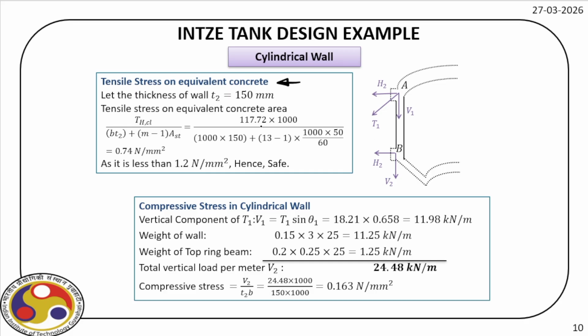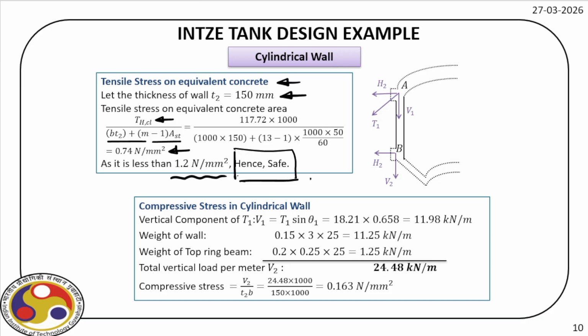For that, wall thickness, let us consider same as dome thickness earlier, it is 150 millimeter. Then tensile stress on equivalent concrete area, we already know TH, CL, and then from the equivalent concrete area we can find out the tensile stress, which is 0.74 Newton per millimeter square, and it is less than the allowable value of 1.2, and hence this is safe.